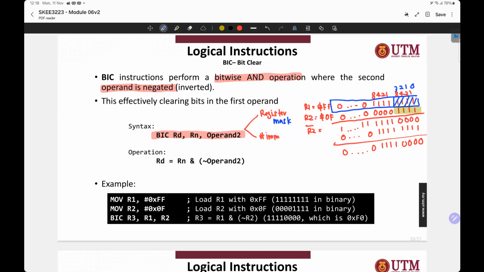Then the operation behind it is that the mask register will be inverted, then it will do a logical AND with your R1. So this is what happens behind the scenes. At the end of the day, your R3 will have this value 0, 0, 0, 0, 0, 0, F, 0.